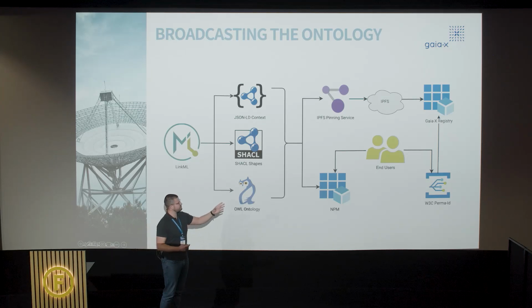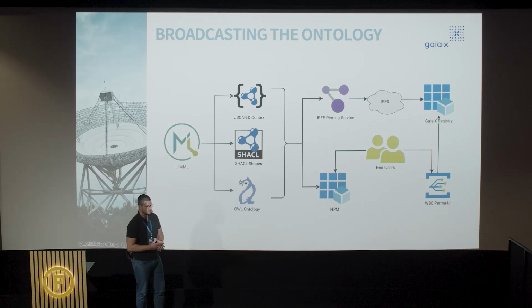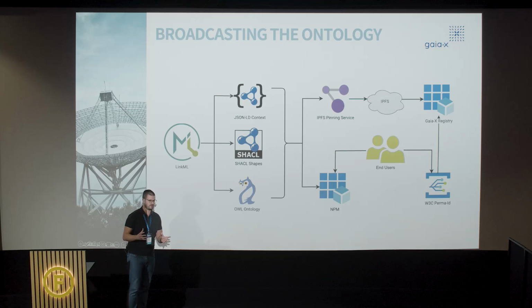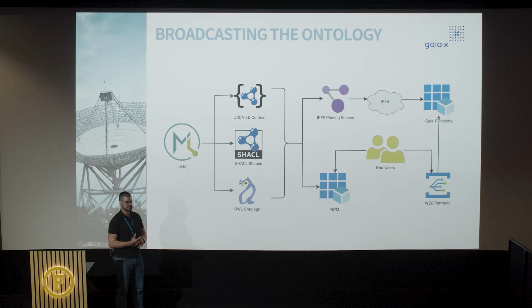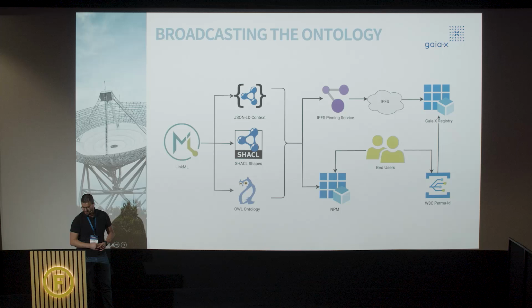And then we use the W3C Perma ID project, which is used to normalize endpoints and URLs in the semantic web context. To make it simple for the techies that are here, it's just an Apache HTTPD with .htaccess files that you can modify on a GitLab repo, on a GitHub repo. So it's pretty simple. And that's the way we build the deliverables.